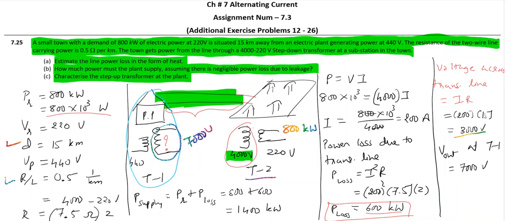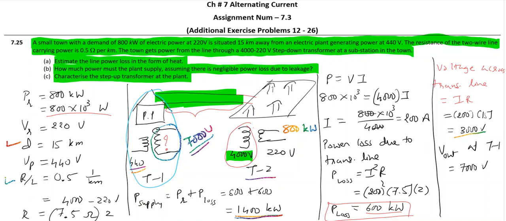So what is the answer of C? Characterize the step-up transformer. The transformer should be able to convert 440 volt into 7000 volt. What is the answer of B? How much power must the plant supply? The plant must supply 1400 kilowatt. Answer of A, estimate the power loss in heat.